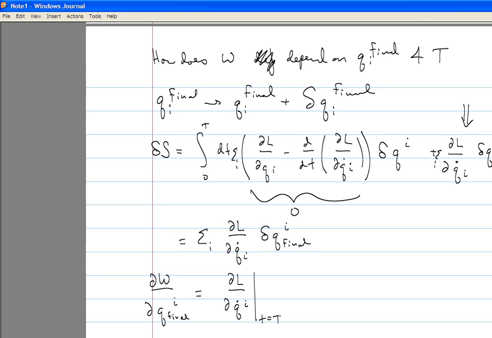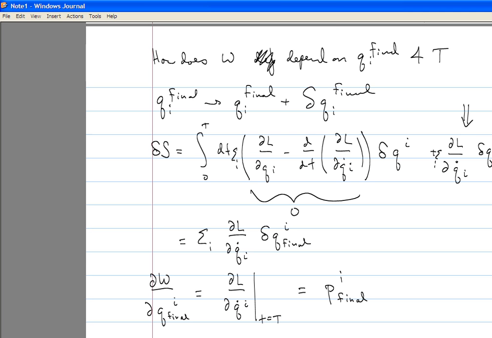Now, we had a name for dL by dq dot. That is what we called the momentum. So if you ask how the action depends on the final endpoint, then the derivative of the action with respect to the final endpoint is the momentum at that end.